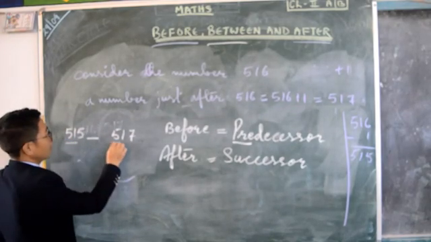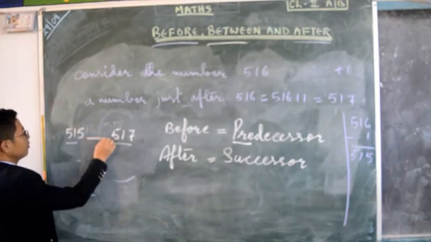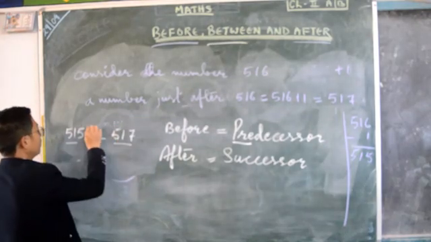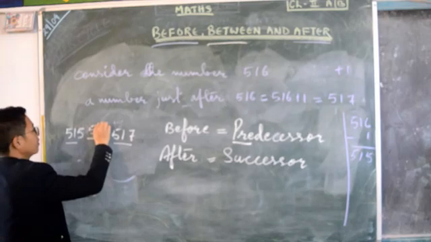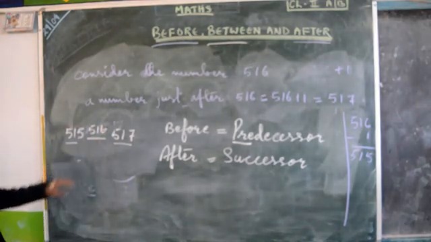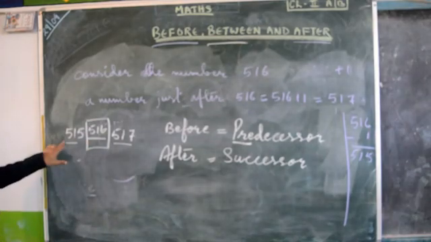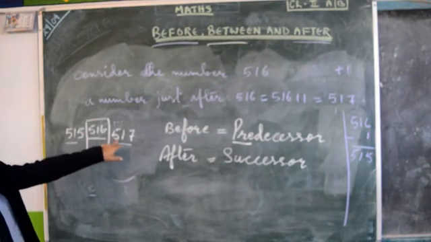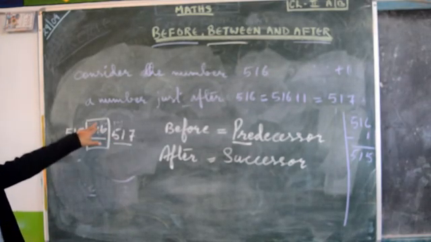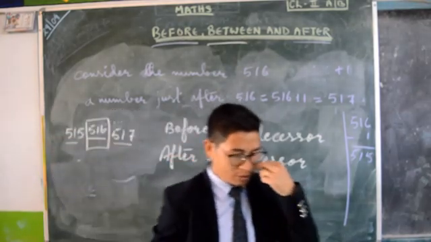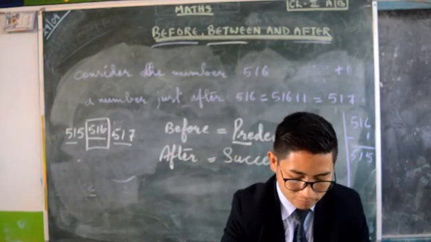And this is after. Then in between, what was the number? 516. So this is in between. In between 515 and 517 the number that comes is 516. This is between. Okay?